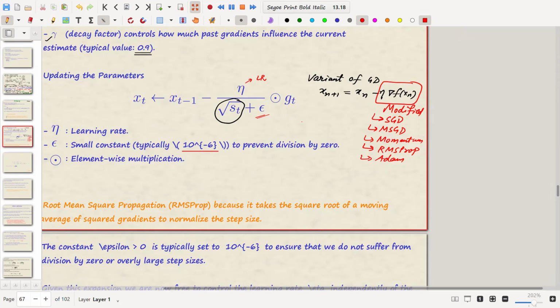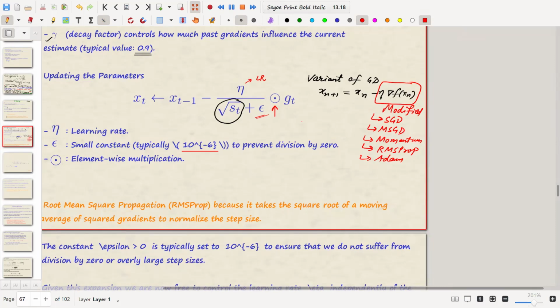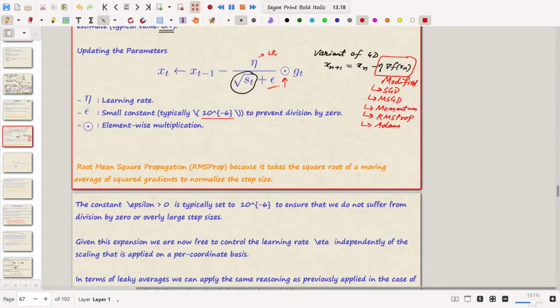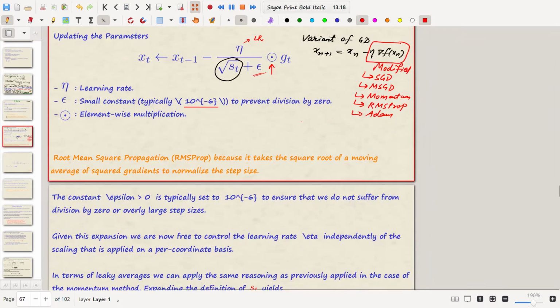Okay, anyway, and this symbol you are seeing is the element wise multiplication, just like a dot product. Okay, fine. So here in orange, I have written why it is called root mean square propagation, because it takes the square root of a moving average of squared gradients.